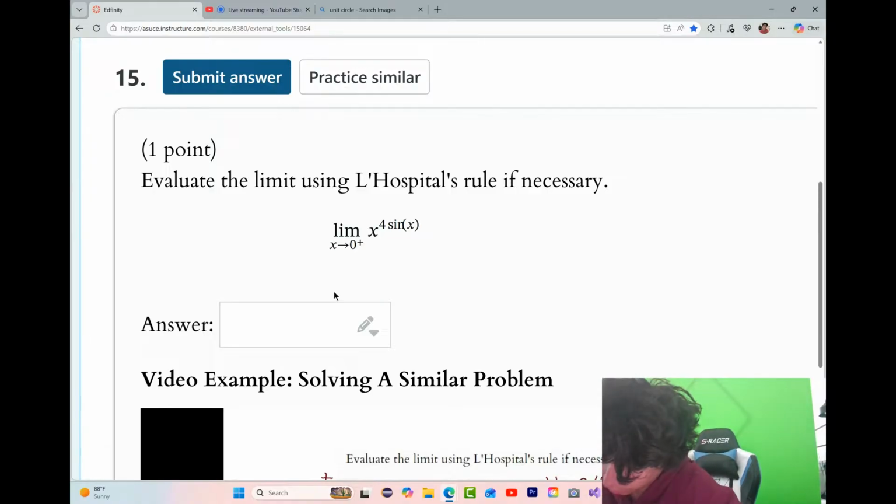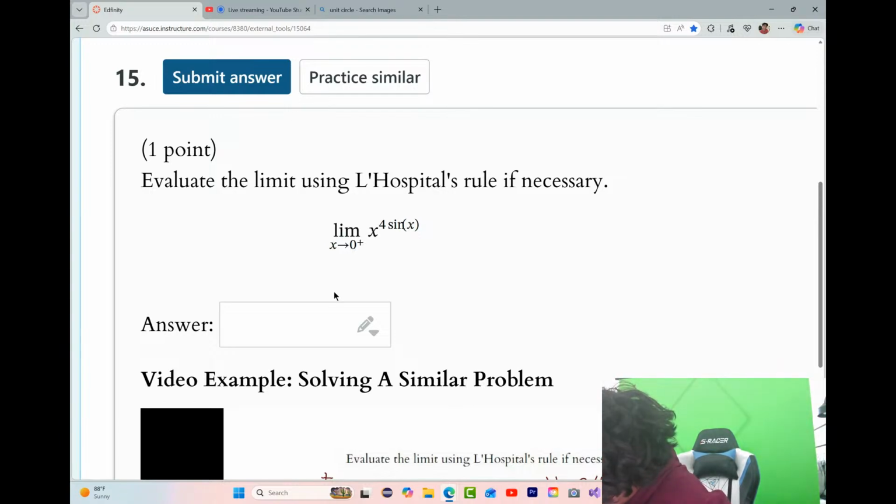In fact, no, I'll put this in a quotient then. Dude, I'm getting tired. What do we do? So, let's see. We have a 4 times e to the power of what? A negative infinity.